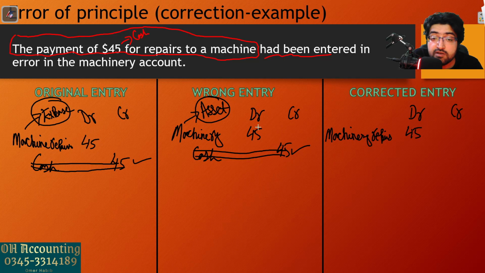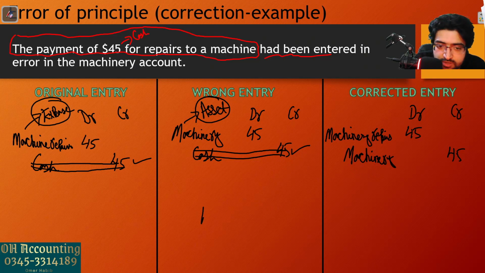And then, were we supposed to debit machinery by 45? No. We made a mistake. Machinery was not at all linked to the transaction. So to bring the balance back to zero, or to correct our mistake in the machinery account, we will credit machinery account by 45.